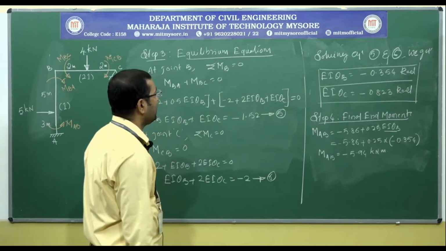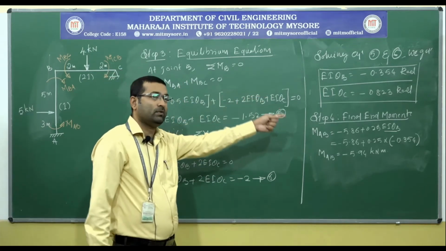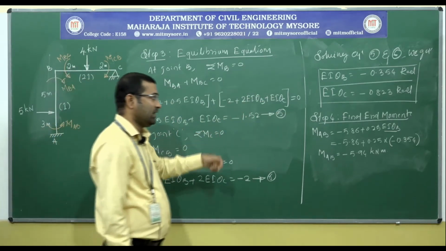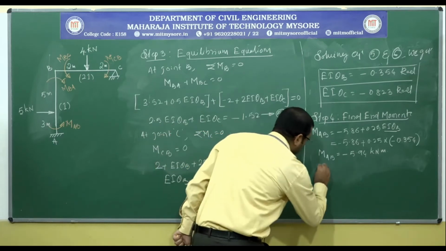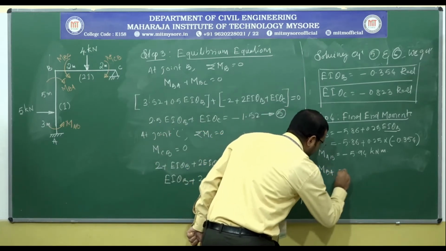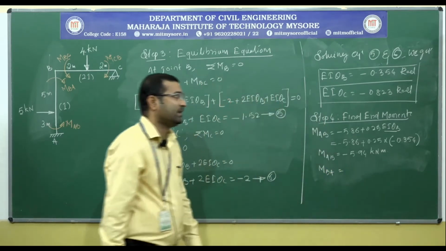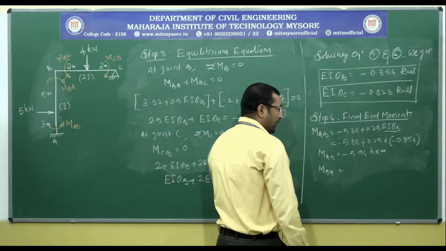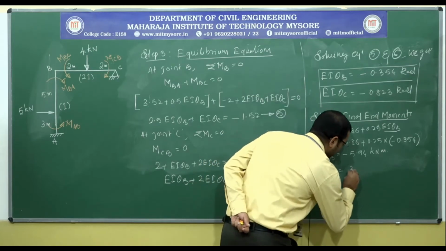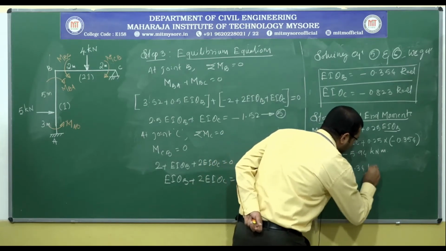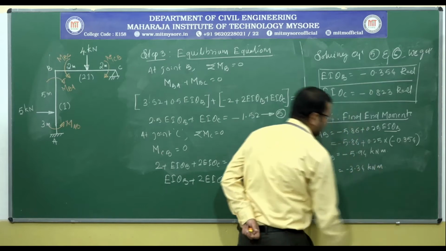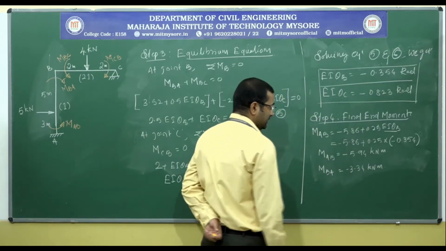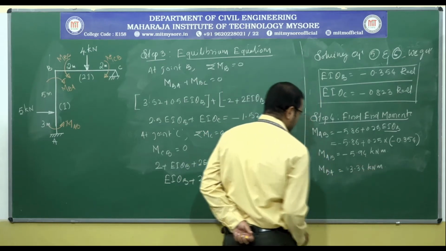In a similar way, if I substitute the values of EI theta B and EI theta C respectively in equations number 2, 3 and 4, I will get the values of MBA, MBC and MCB. So MBA is minus 3.34 kilonewton meter, and MBC, anti-clockwise, so this is plus MBC.